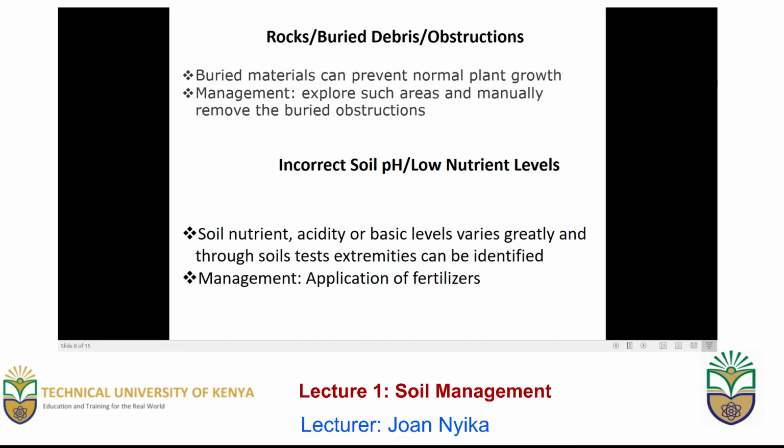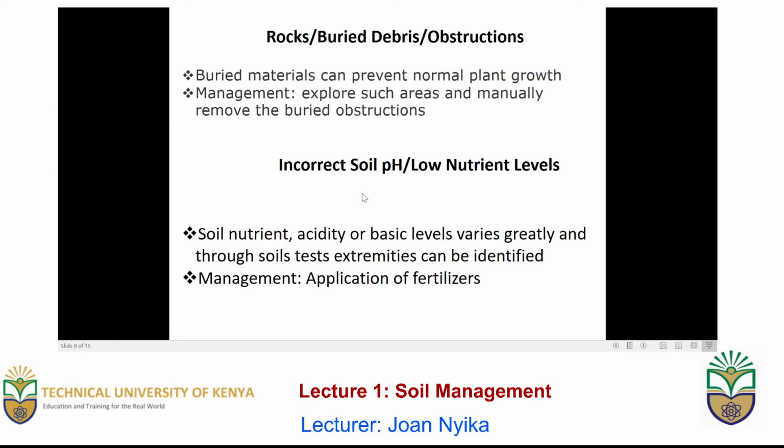In areas where construction has been going on, rocks can be buried during the turning and inverting of soil. These can be felt manually and removed to ensure that during plant growth there is no obstruction to the roots for efficient growth and passing of nutrients and soil.